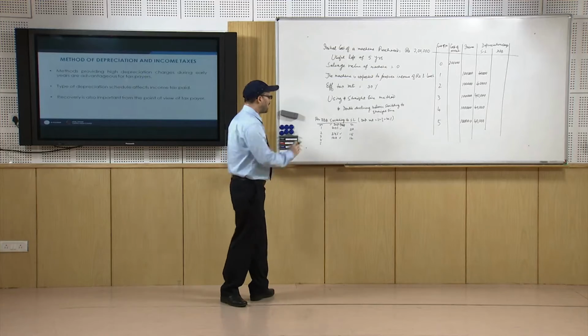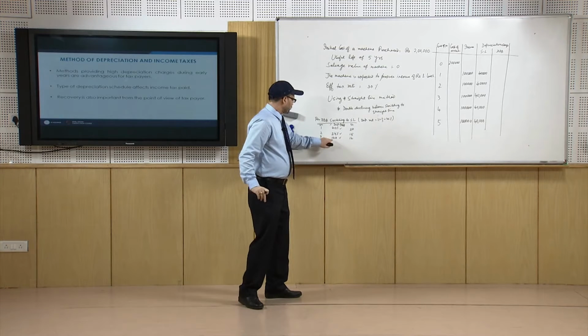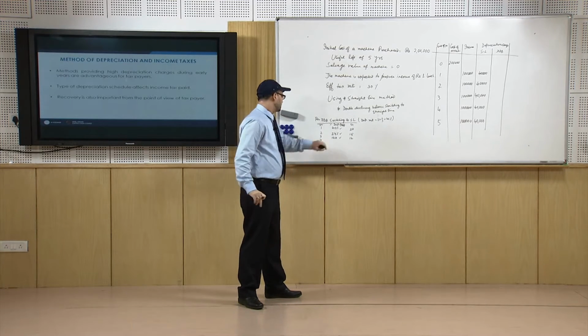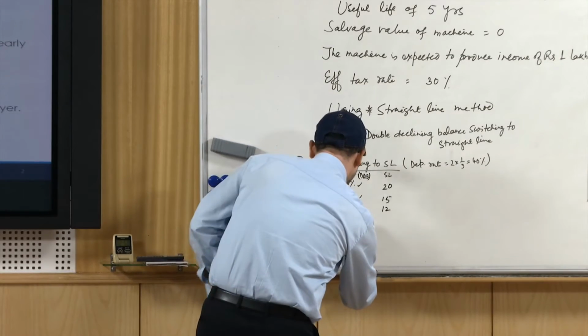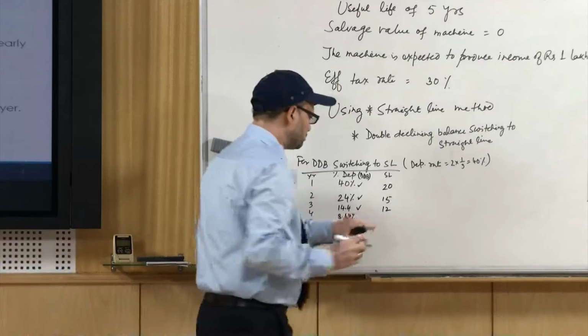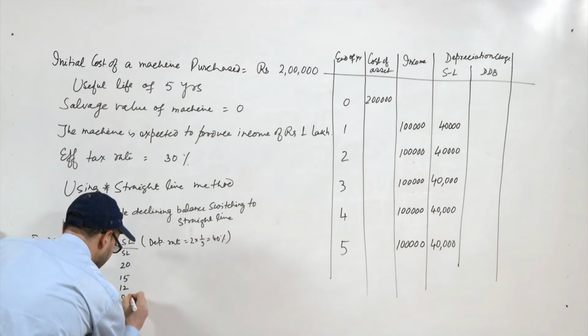In the fourth year you have the book value as 21.6%. Using only DDB it will be 8.64%, whereas for the 2 years of remaining life it is 10.8%.